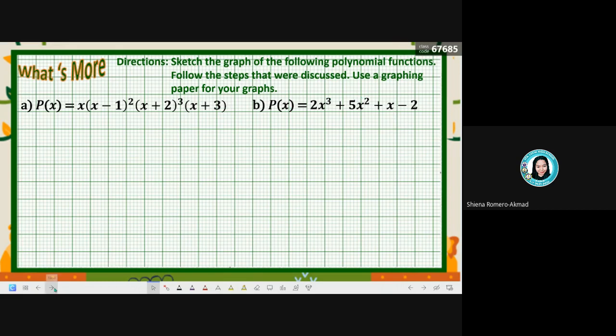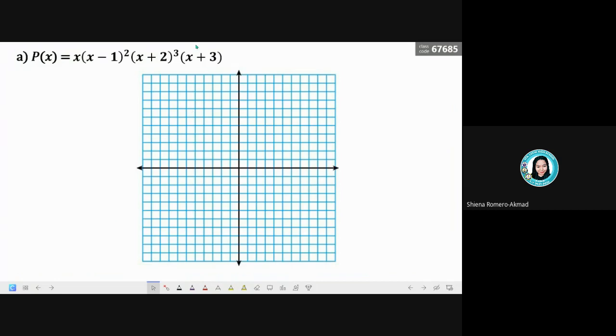So, ang gagawin natin is, ito muna. Okay? So, ano na yung mga kailangan natin malaman? Kailangan natin malaman ay yung X-intercept, the Y-intercept, you have to know the number of turning points, the LC, the degree, and the end behavior.